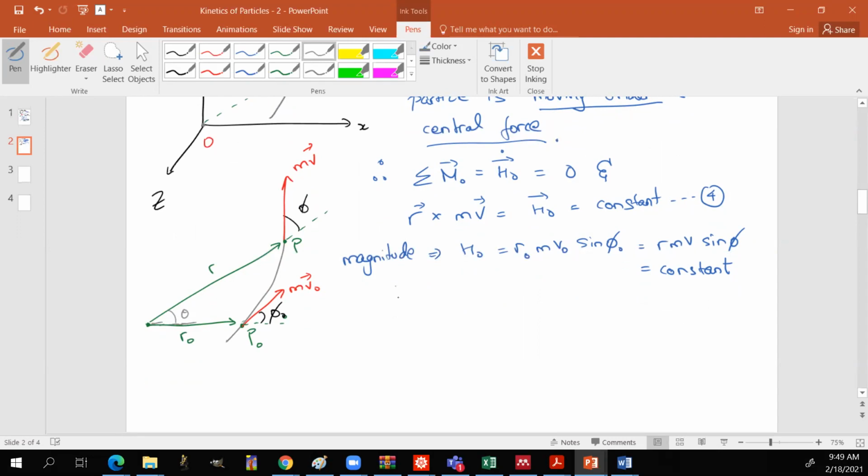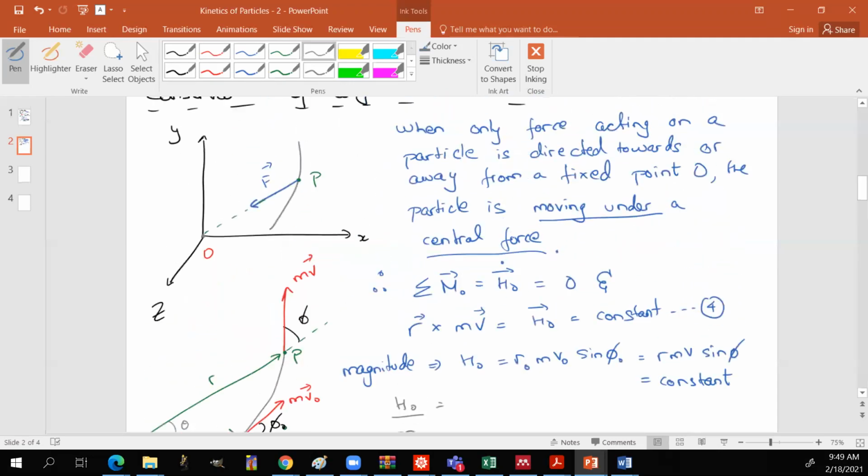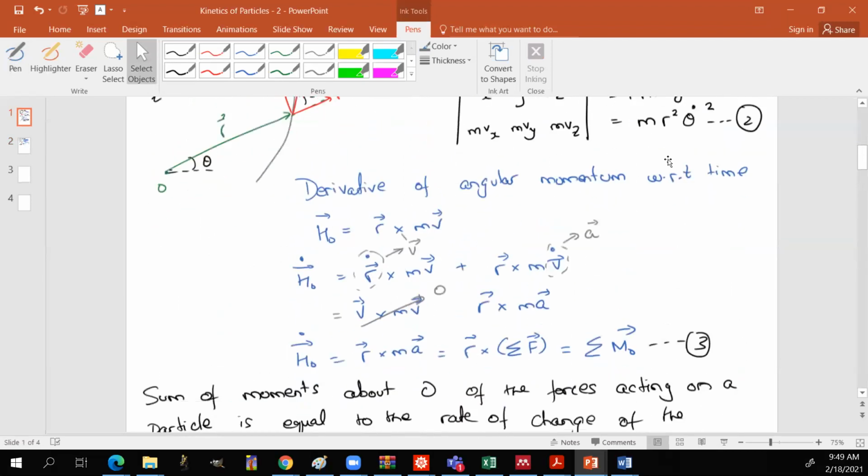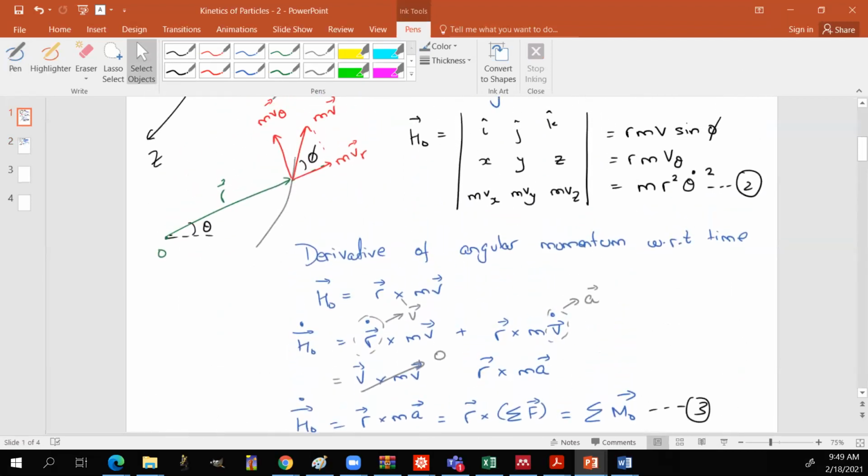So you'll see that if I just bring the M over, I get H naught over M is basically equal to, when I look into this expression over here, well, I wrote that wrong.